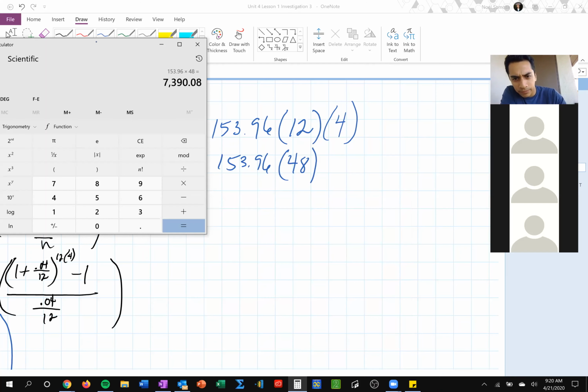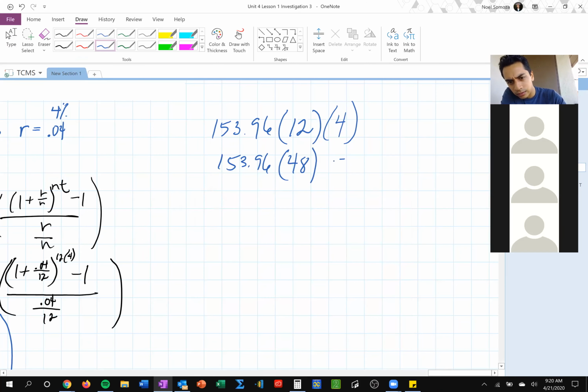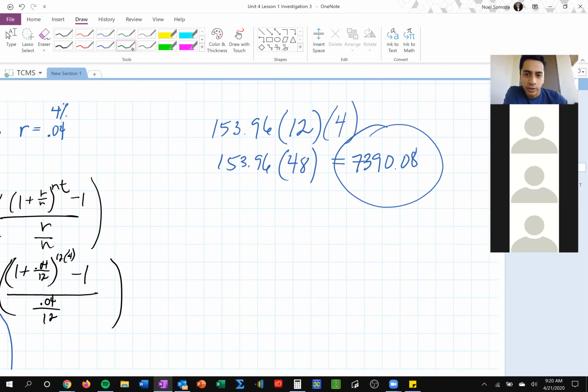So here, 7,390.08. Which means the remaining amount had to have been earned through interest. So in order to find that, you can just subtract it from 8,000.